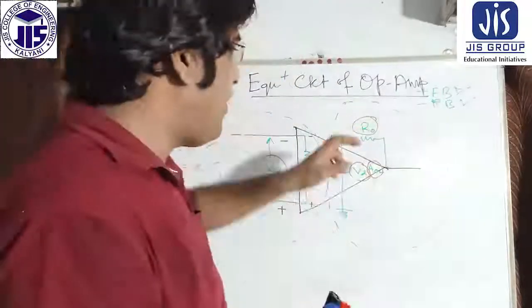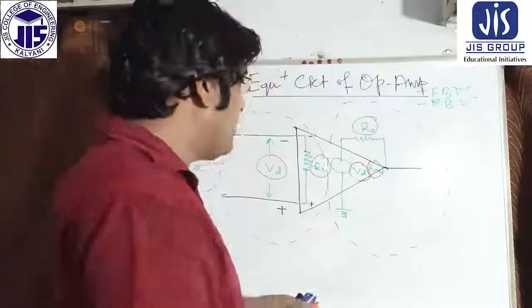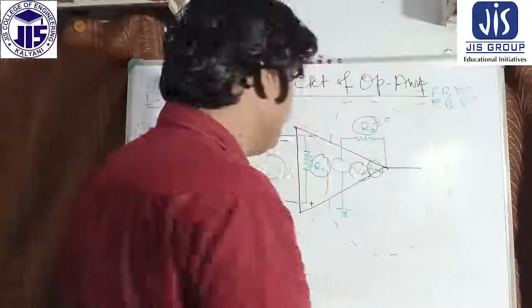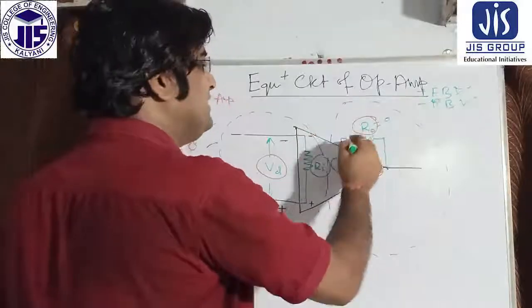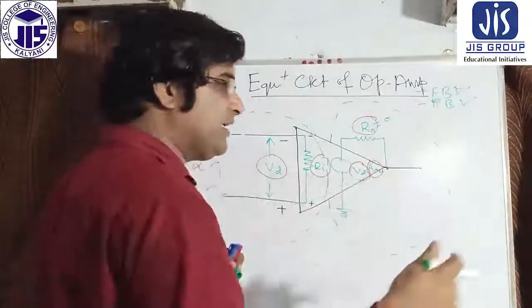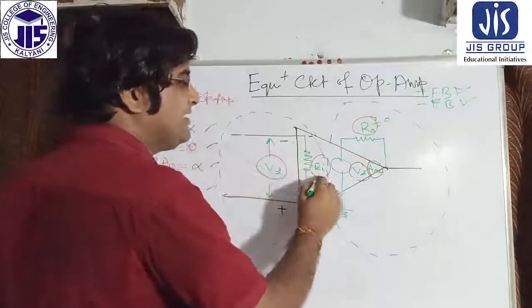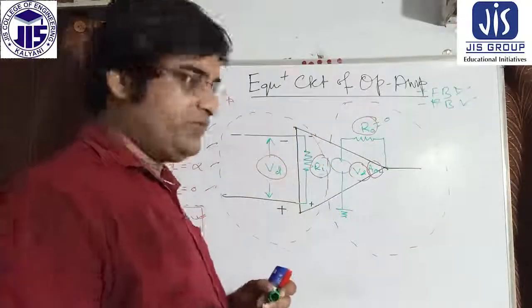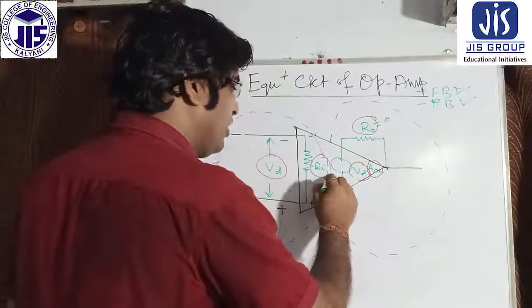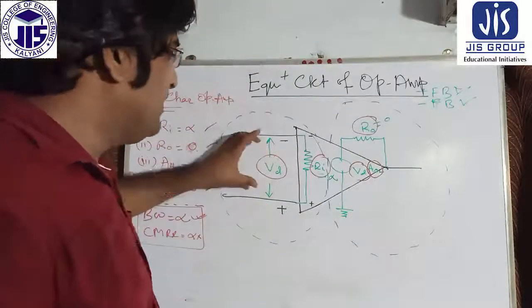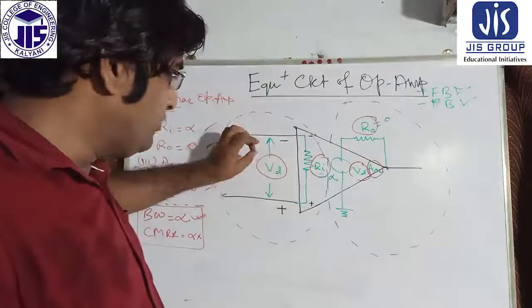What is the value of R naught? R naught equals 0. We have already studied, R naught equals 0 in the ideal case. If it is 0, then the output voltage is represented very easily. There is a Vd between the two input terminals. This is the Ri, which equals infinite. This is Vd, the difference between the two input terminals.